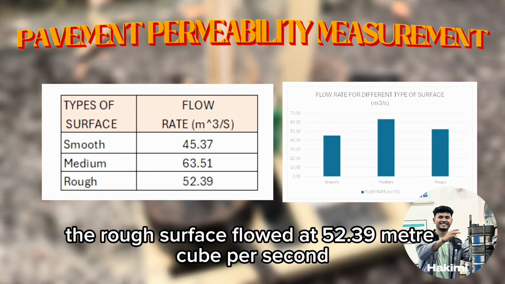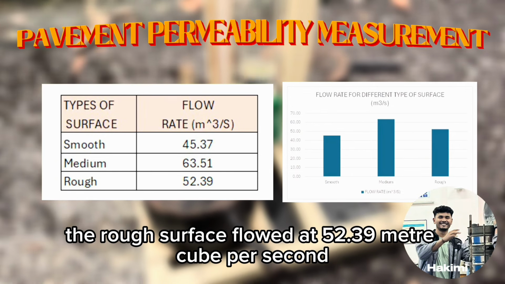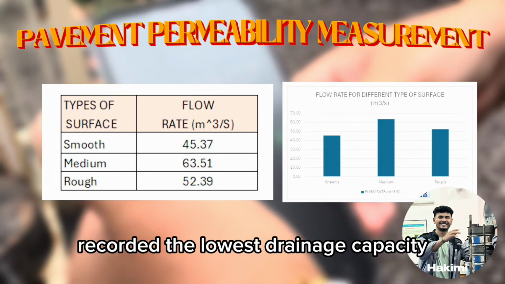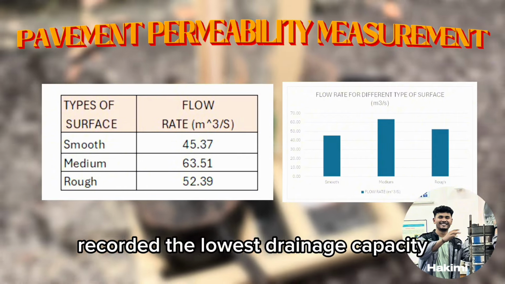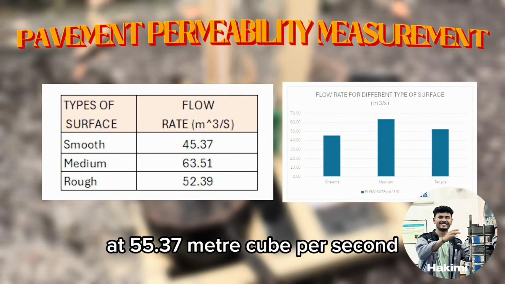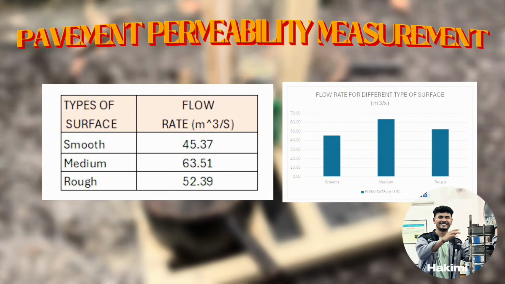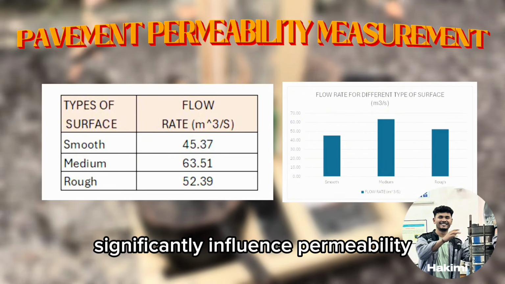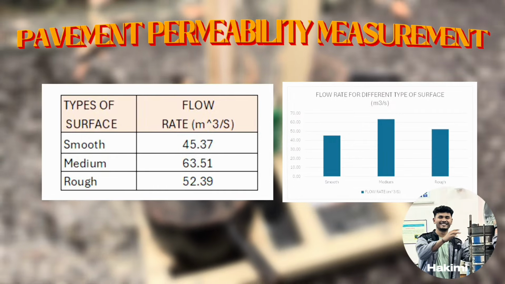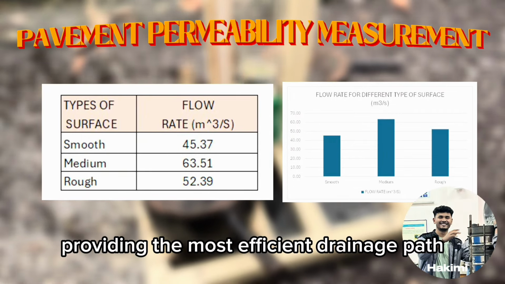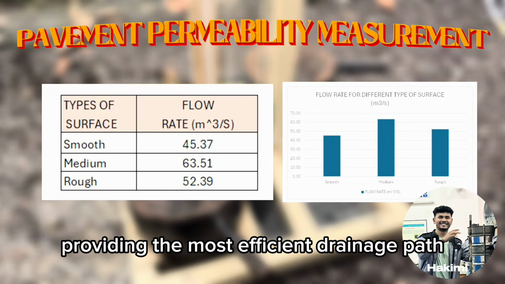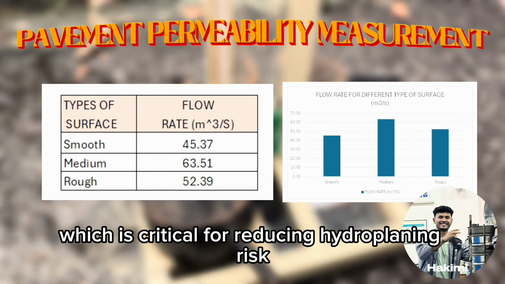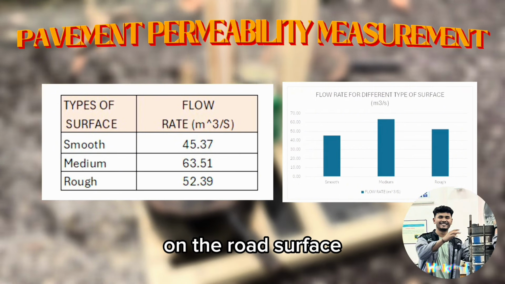Interestingly, the rough surface followed at 52.39 m3 per second, while the smooth surface recorded the lowest drainage capacity at 55.37 m3 per second. These data indicate that surface texture significantly influences permeability, with medium coarse texture providing the most efficient drainage path, which is critical for reducing hydroplaning risk on a road surface.